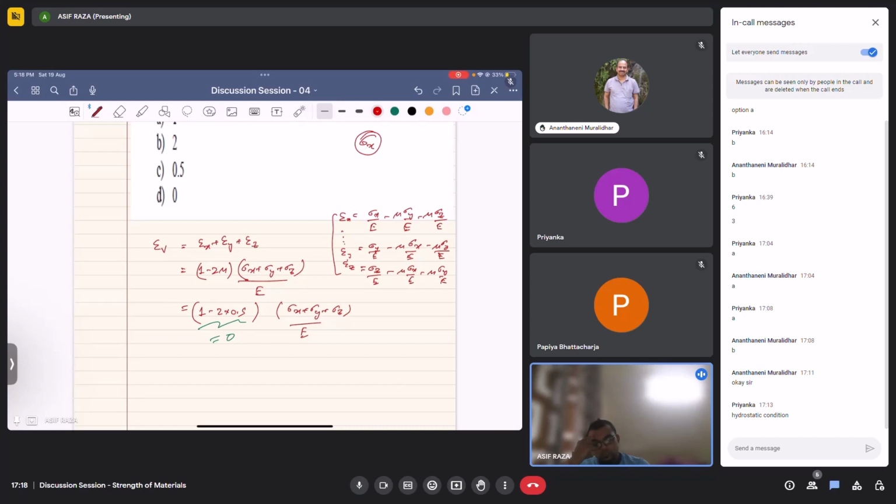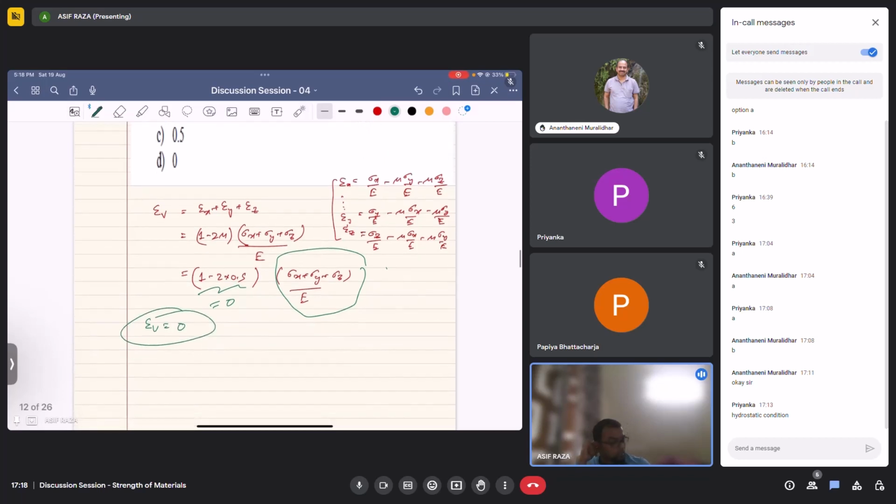Even though the values are not provided for this case, we can directly say it would be equal to 0.